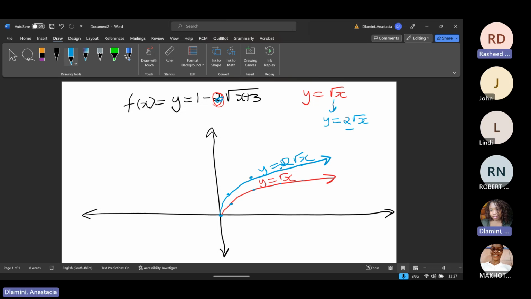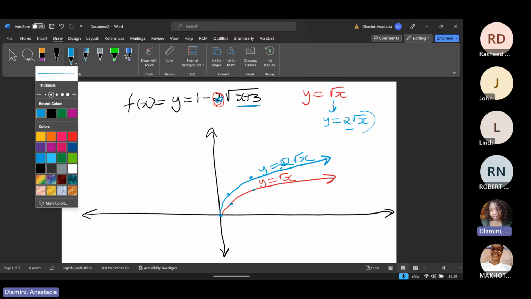Okay, let's do inside here. Now, I want to take this graph because I only have 2 square root of x, and I want to have 2 square root of x + 3.